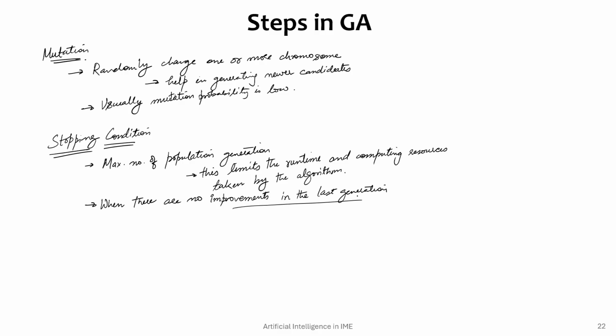Because we need to stop this algorithm, we need to check what information was generated in the last iteration, right? So to do this, we need to first store the best fitness value at each iteration, right?